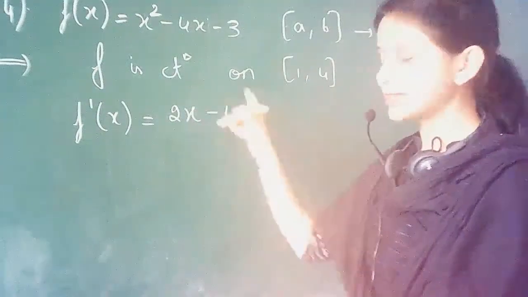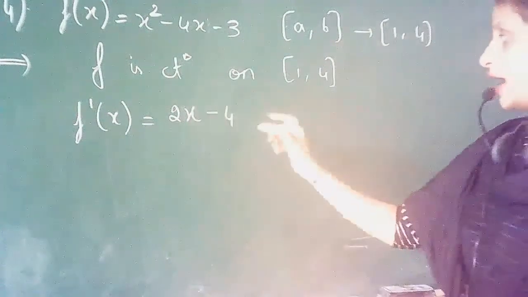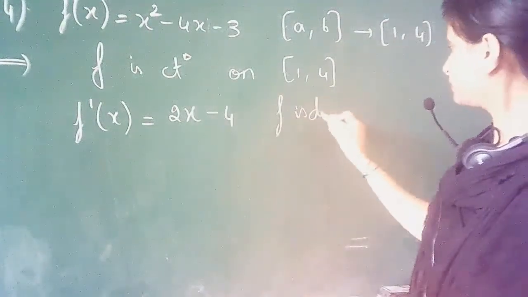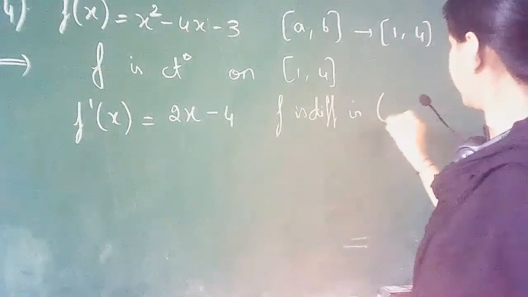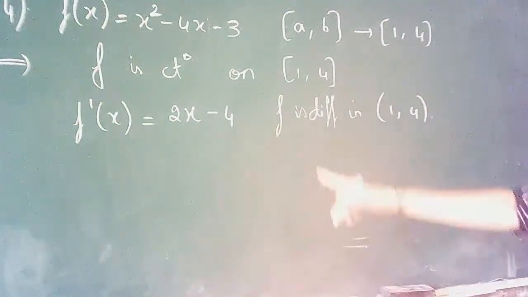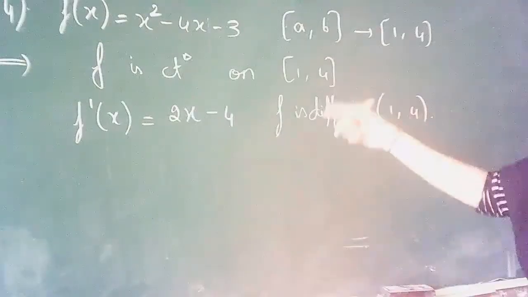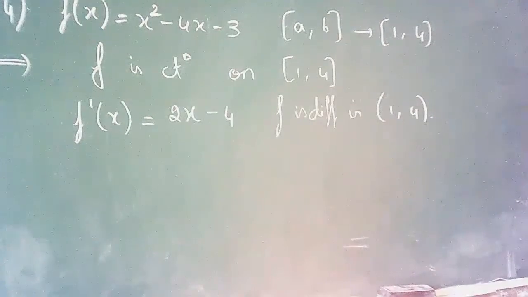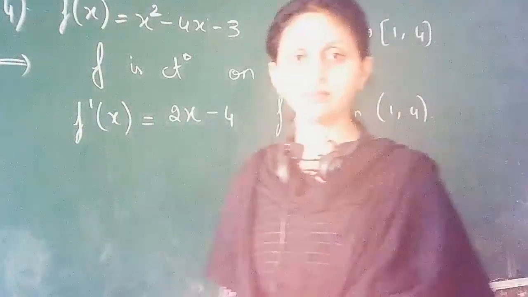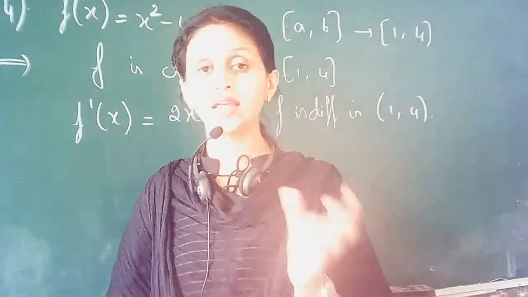You can observe this is again a polynomial function. It is differentiable. So f is differentiable in open interval 1 comma 4. So both the conditions of mean value theorem are satisfied. The third condition which I told you in mean value theorem is to check the function value at endpoints and see if they are equal or not.